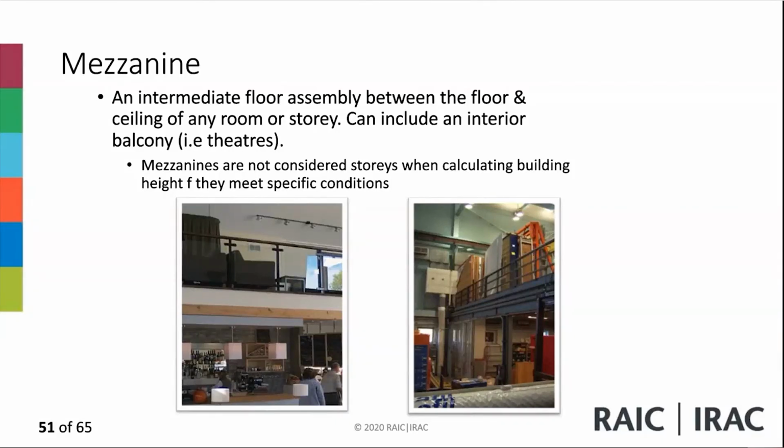So depending on the construction of the building, the construction of the platform needs to be of similar construction materials as required for the type of construction. As well, they should not have any storage on them. And therefore, the platforms that may solely be used for periodic inspection and for maintenance catwalks, you don't need to consider them as part of the floor assemblies or mezzanines for calculating building height.